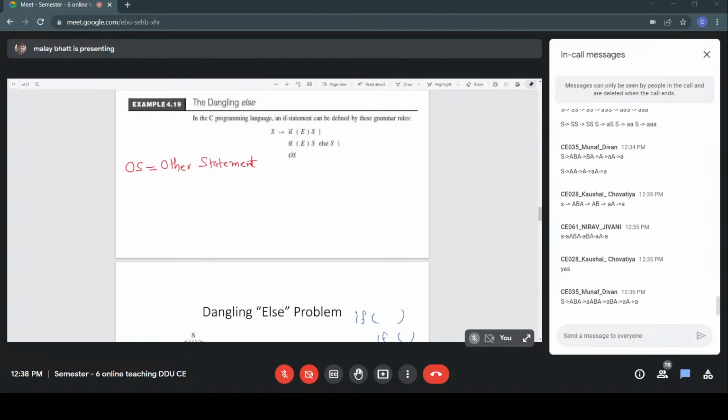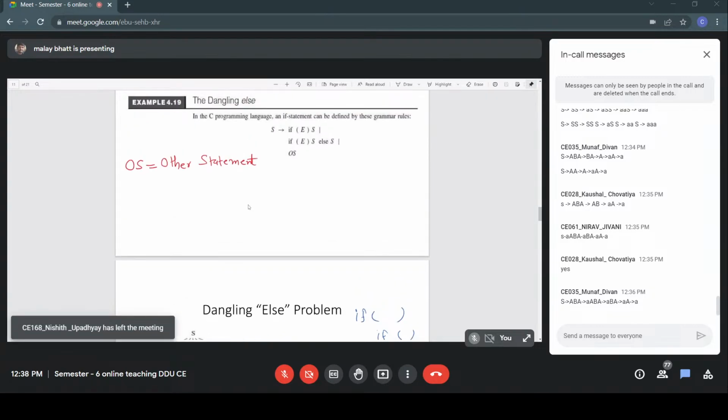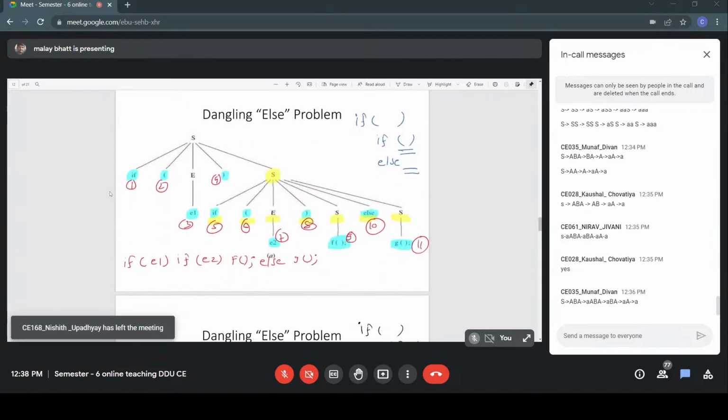Here, this problem is known as the dangling else grammar. This grammar is also a dangling else because in this derivation tree, we are writing if, then opening parenthesis, E, closing parenthesis, S. So we are applying the if statement only.